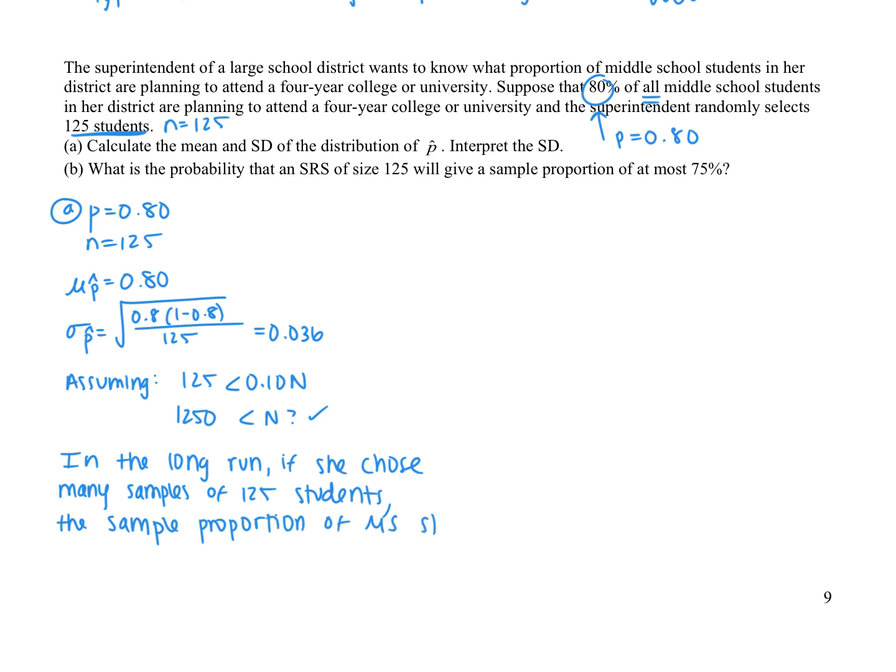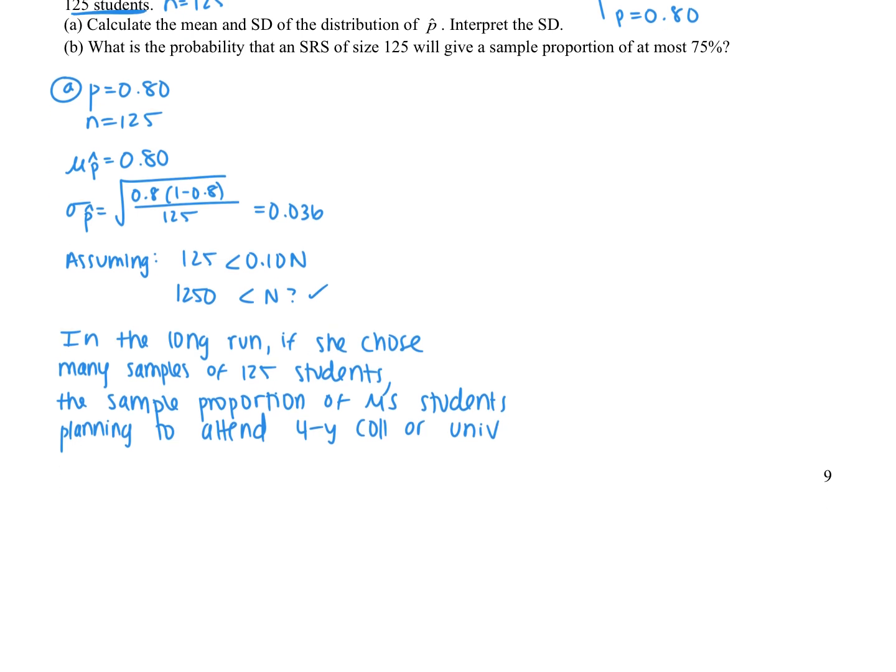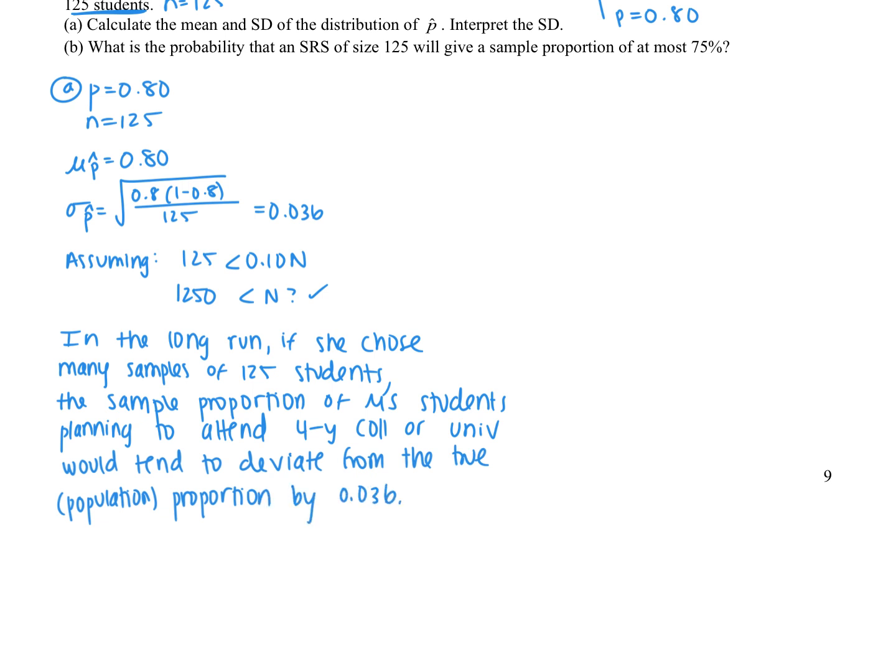of middle school students planning to attend a four-year college or university would tend to deviate from the true or the population proportion by 0.036.